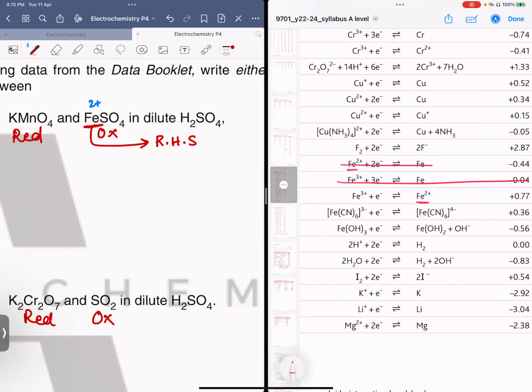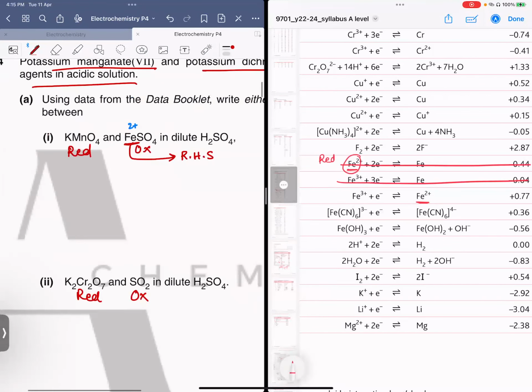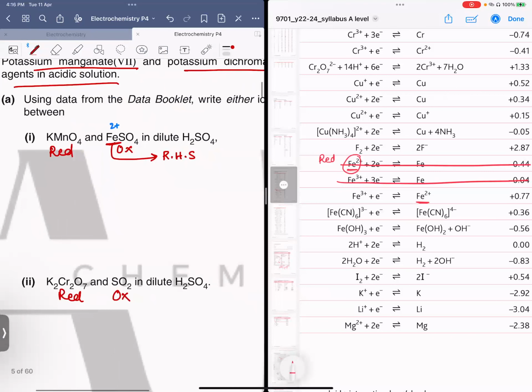I ignored this one as well because in this one, iron 2 positive would go through reduction, but according to the data provided, that iron 2 positive would go through oxidation. So that's why I have chosen this value.